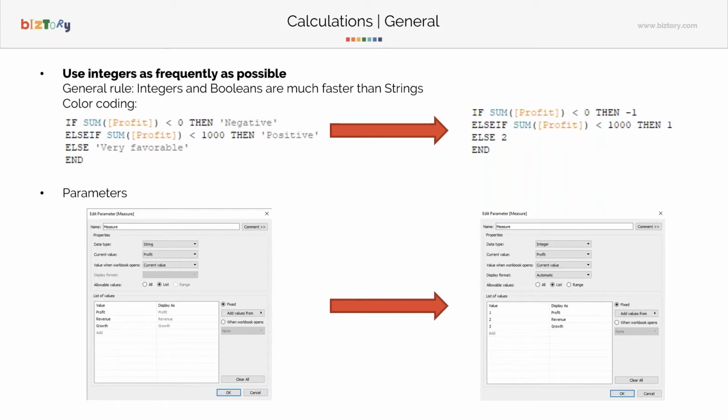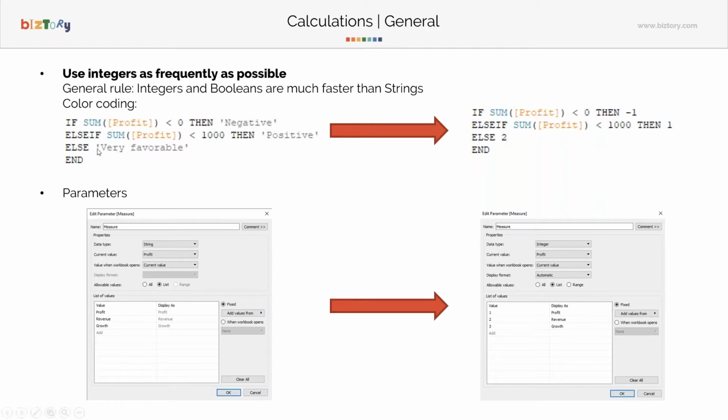For example, if you are creating a filter which says that the profit is lower than 0, in this case it is negative, positive, and very favorable. But what could be even better is to migrate the calculation, from some profits smaller than 0, then negative, to just say some profit smaller than 0, and then you create a boolean.